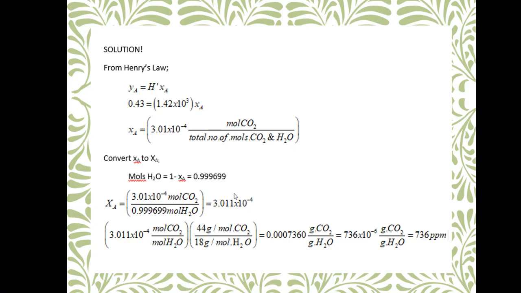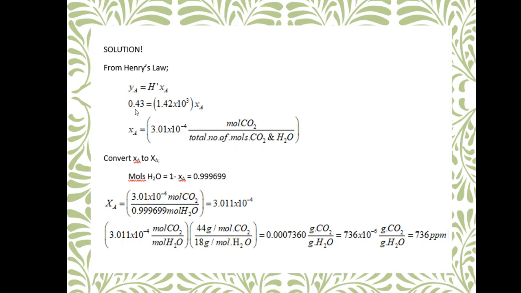So let's move on. Now, if we recall, Henry's law allows you to associate the partial pressure of A with the mole fraction of A in the liquid phase. What we did on the original Henry's law equation is divide it by the total pressure of the system to come up with an equation that relates the concentration of A in the liquid phase to the concentration of A in the gas phase.